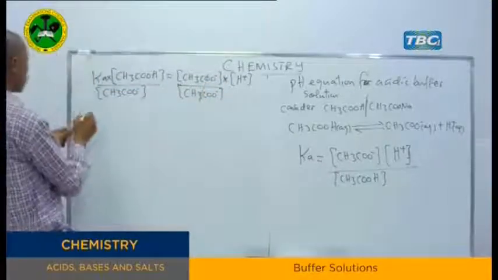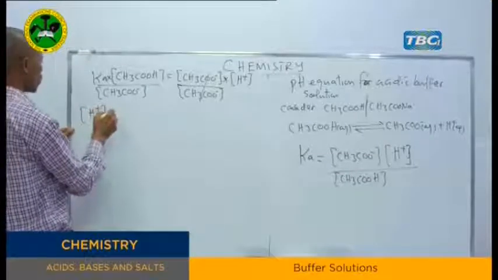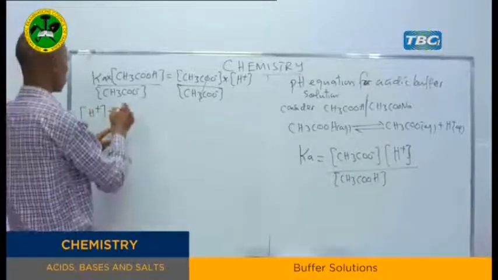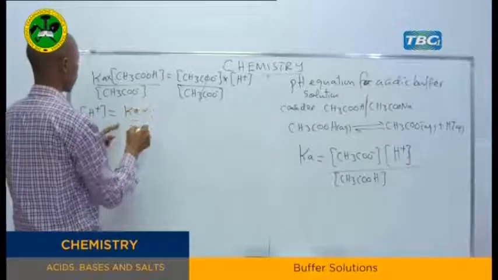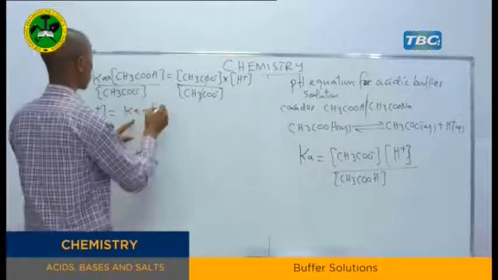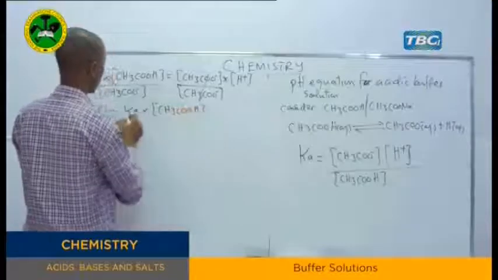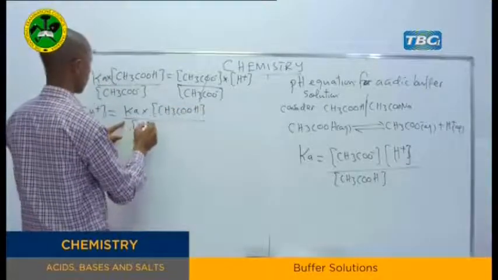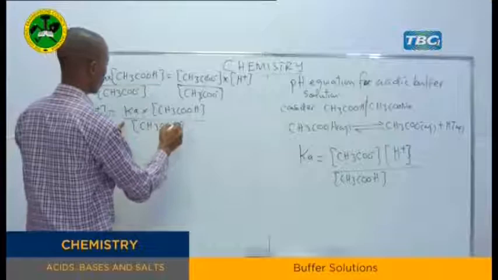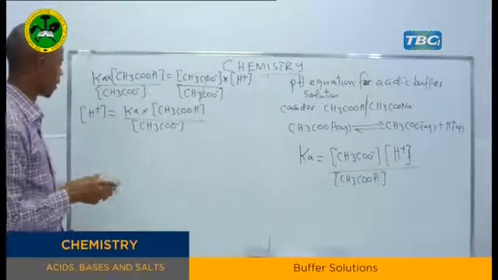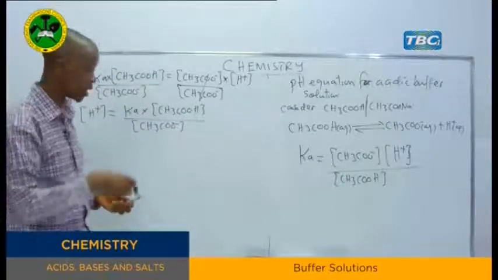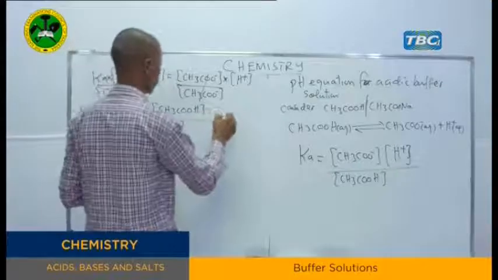Now, the concentration of hydrogen ion is equal to the ionization constant times the concentration of acetic acid over the concentration of acetate ion. Now from there you can introduce negative logarithm on both sides.